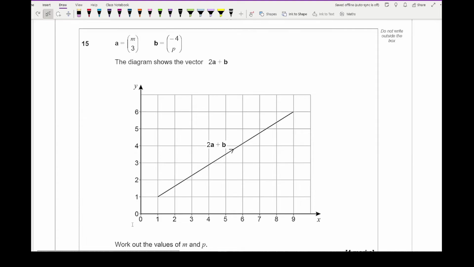Moving on to question 15, it says that a has a column vector of m, 3 and b has a column vector of minus 4, p. The diagram shows the vector of 2a plus b. Work out the values of m and p.